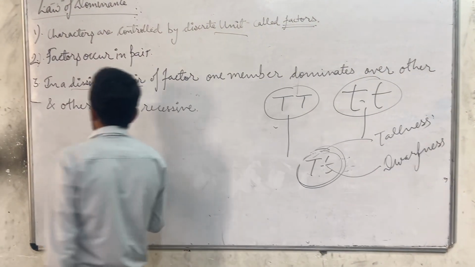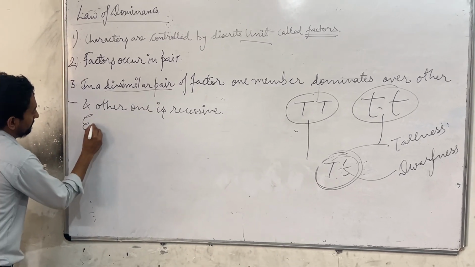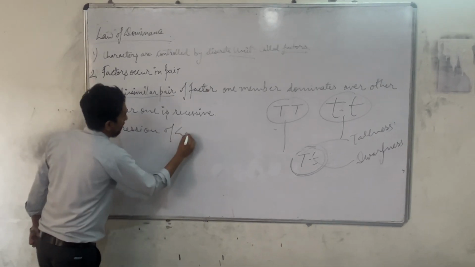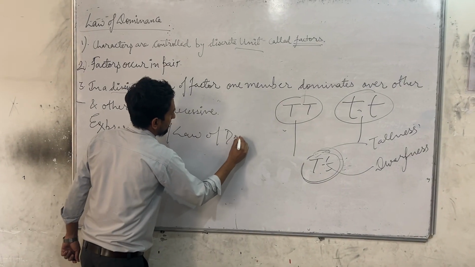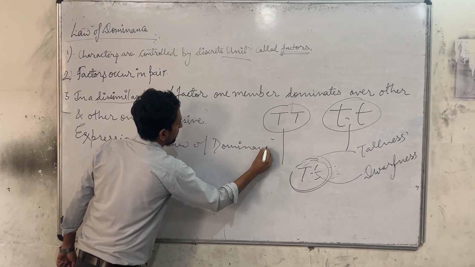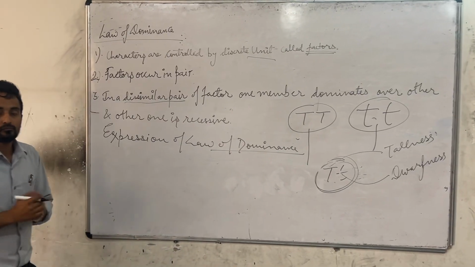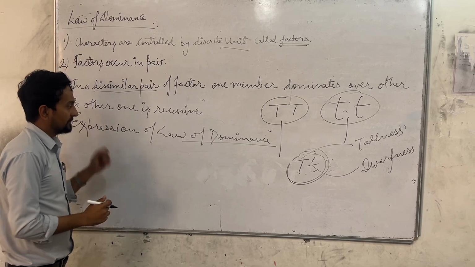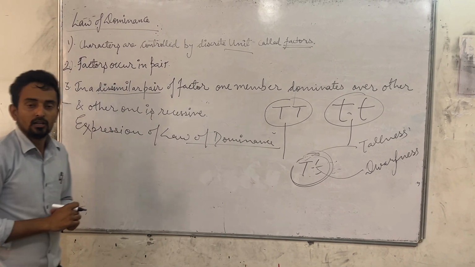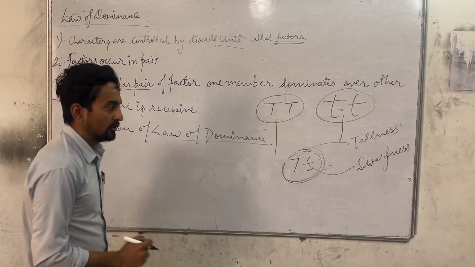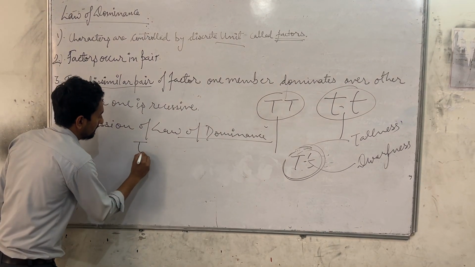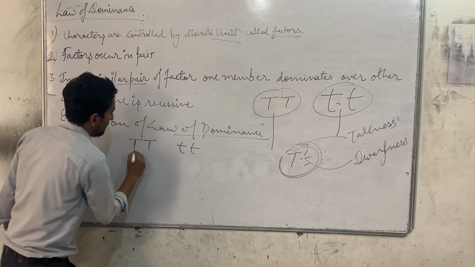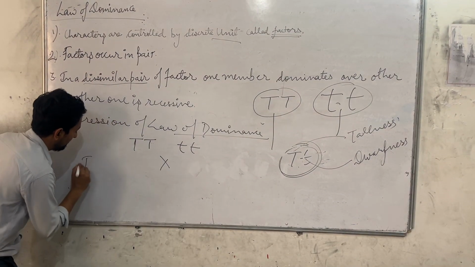Now moving ahead to the expression of the law of dominance. What is the expression? Here we talk about the ratio. Capital T small t are crossed, and what do we find in the F1 generation?